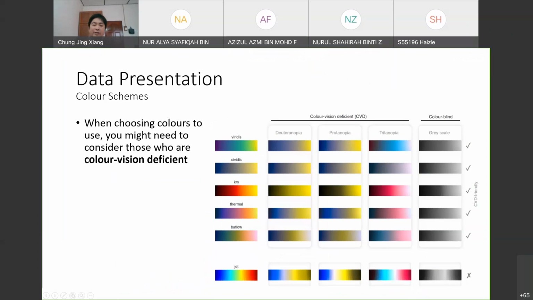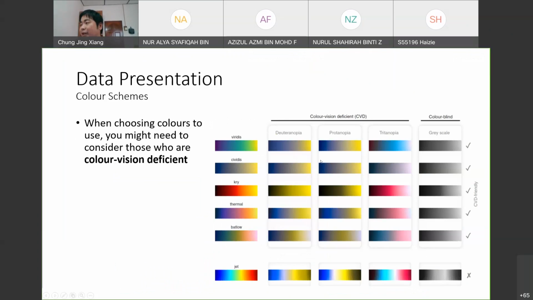So when choosing a color scheme, sometimes depending on our reader, you might want to consider those with color vision deficiency. Not every one of us is able to look at the full set of colors. I bet maybe some of you have color vision deficiency.